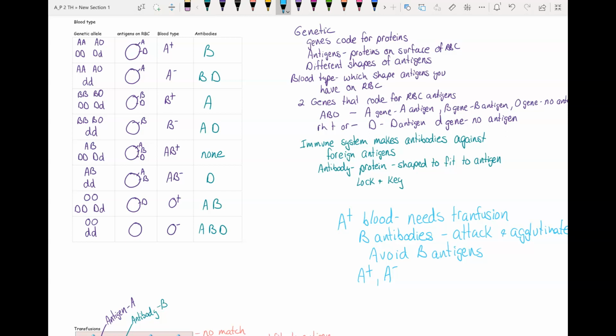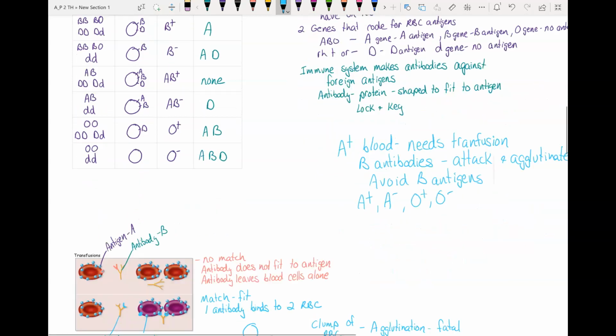B negative has B antigens, that one's out. ABs, the AB positive and AB negative, both have B antigens, so those are out. The O's, neither one have any B antigens, so those are both good. So if you have A positive blood, there's a list of blood types you can receive in a transfusion.